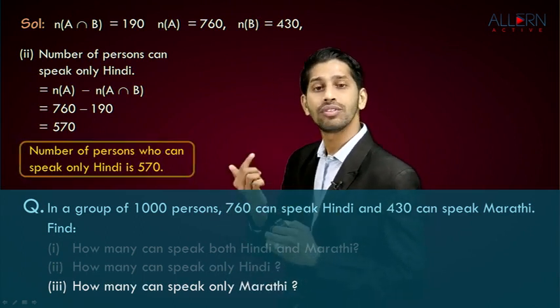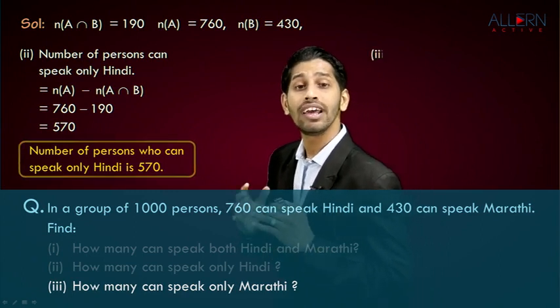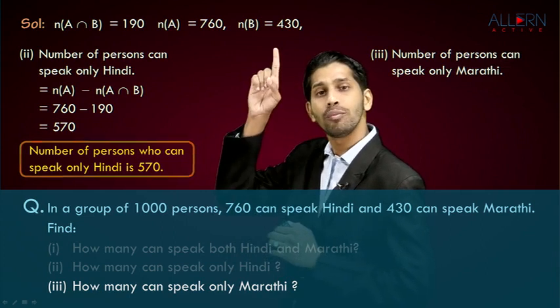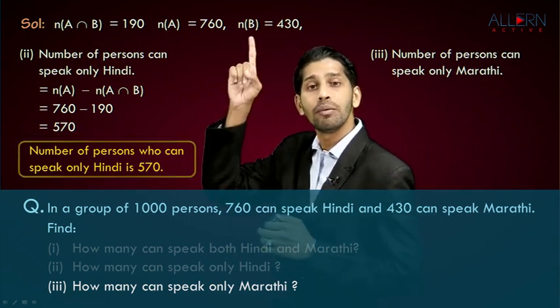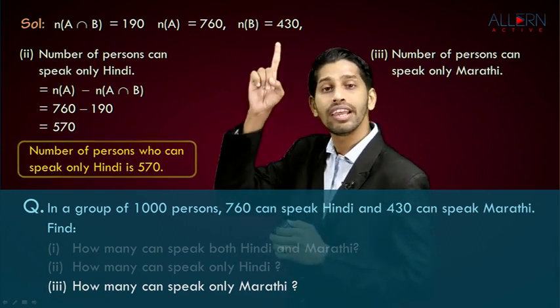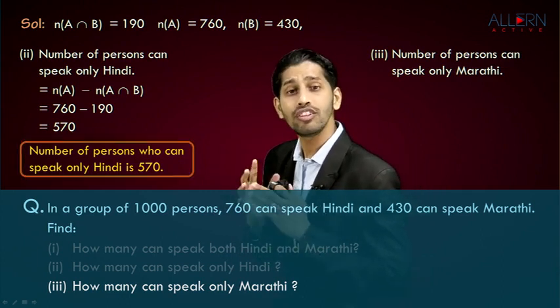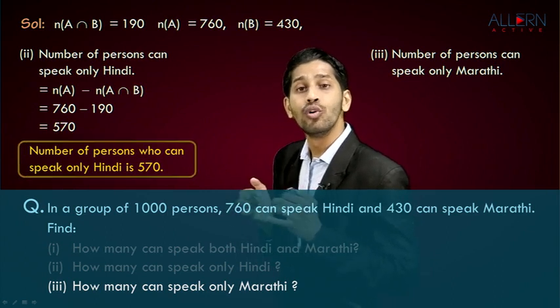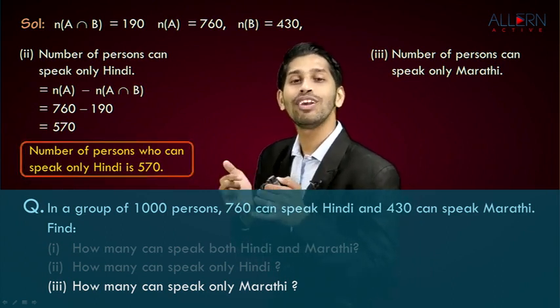Let's observe the third sub question. We need to find the number of persons who can speak only Marathi. If you observe our given information, the number of persons who can speak Marathi is 430. But in this 430, 190 are those persons who speak Hindi along with Marathi.